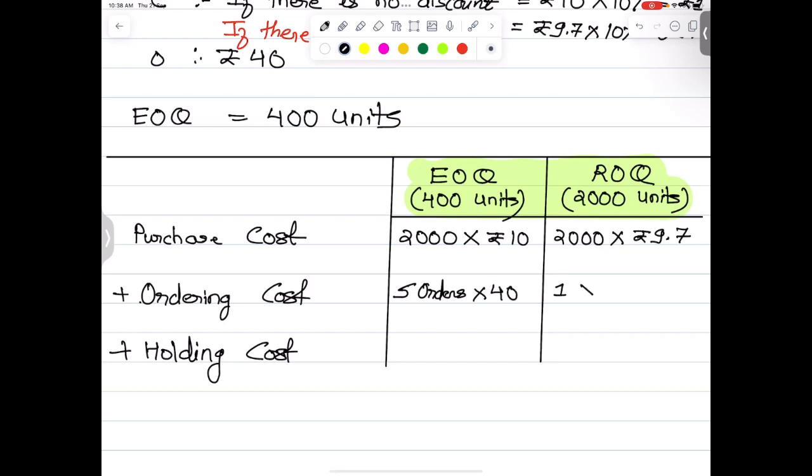While here only one order I have to place, since my annual requirement is 2000 units and the ROQ is also 2000, so only one purchase order is required, 40 rupee. And then 400 divided by 2 into rupee 1, 2000 divided by 2 into 0.97.